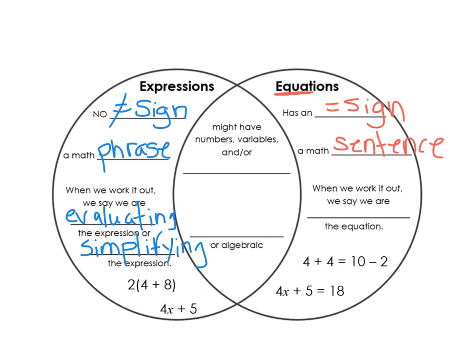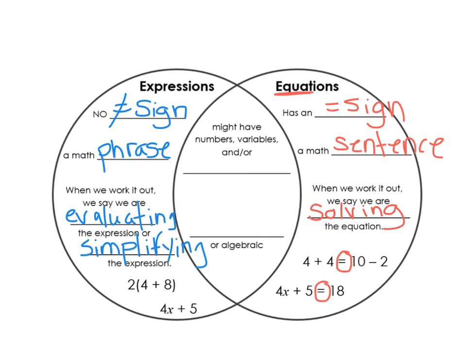When we work it out, we say we are solving the equation. And if you notice here, in the examples, there are equal signs in both of them. So that's the difference. The main one is one has an equal sign, one does not. Expressions have multiple values for the variable. Equations will only have one.